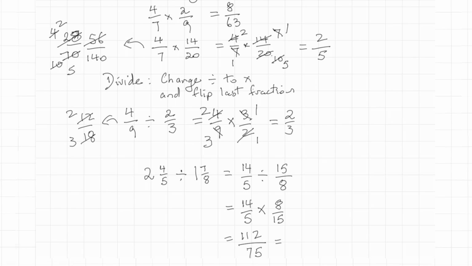And we should make that into a mixed number. 75 into that goes once, and we've got 37 left over. Okay, looks a bit ugly, but we've got to be prepared for numbers that don't quite work out too nice.